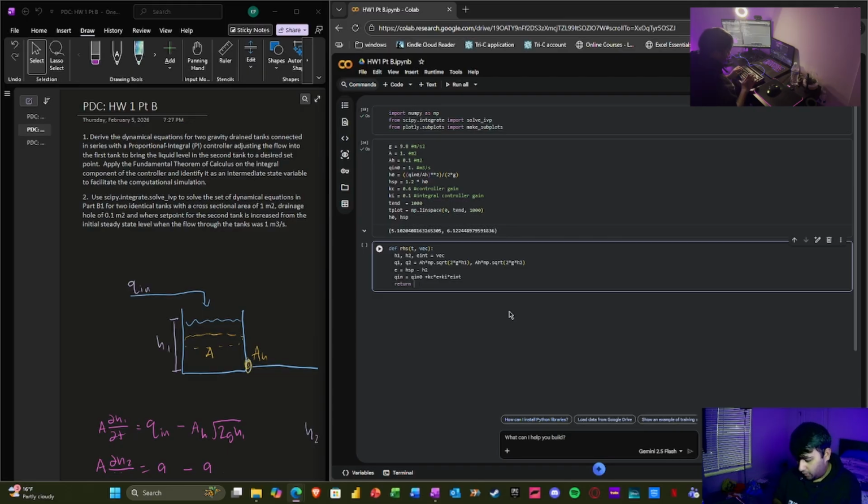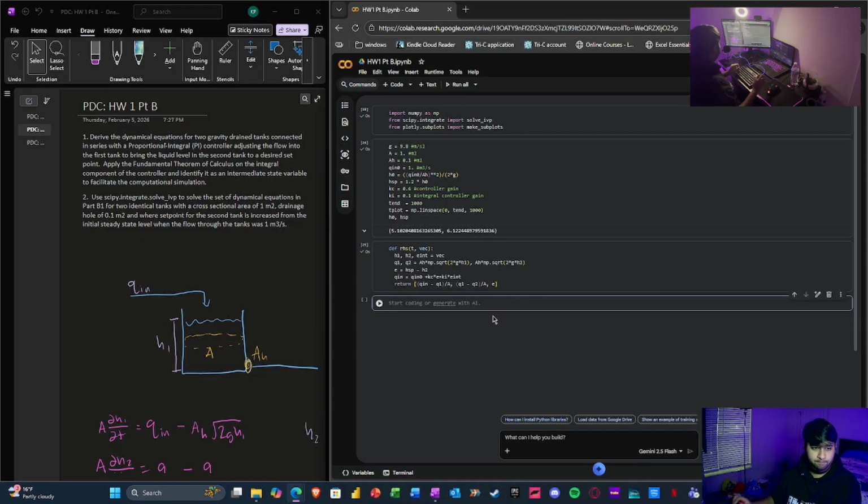And this is just going to return our normal equations, which were Q in minus Q1 divided by the cross-sectional area. And then we can just go ahead and copy and paste this. Change this to Q1, change this to Q2. And then we also want to find what our error is. Shift enter to make sure we didn't do anything wrong.